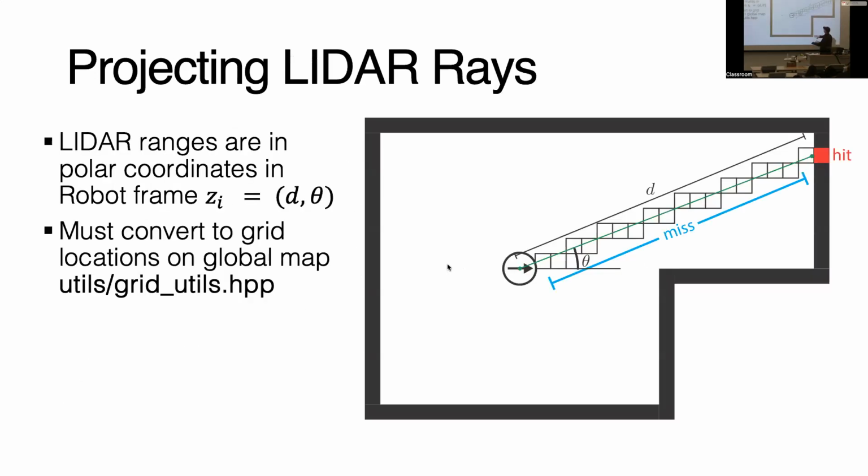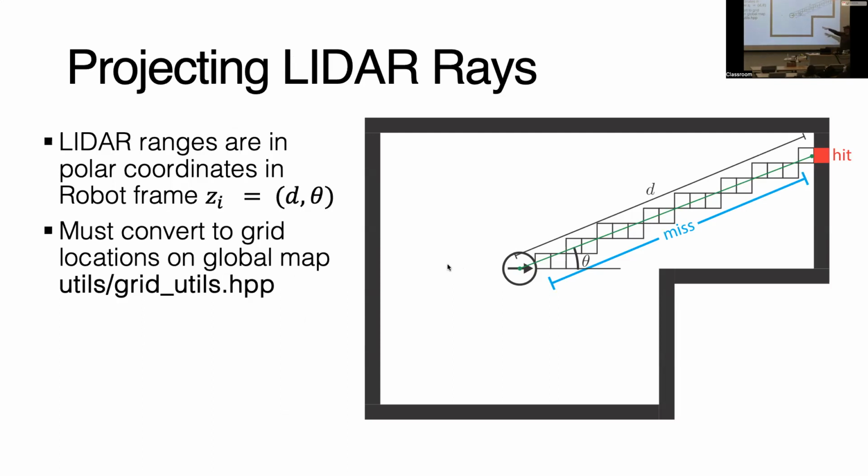So it looks like this. We get our LiDAR ranges and they're in the form of some distance and some angle, right, relative to the robot frame. And so we need to turn that into a global cell position in our map for the endpoint, and global cell positions in our map for all of the cells the ray goes through, okay?